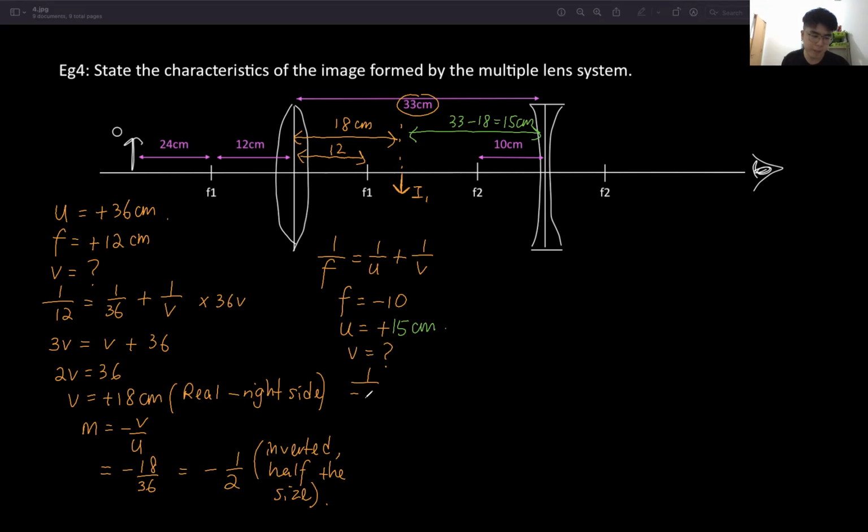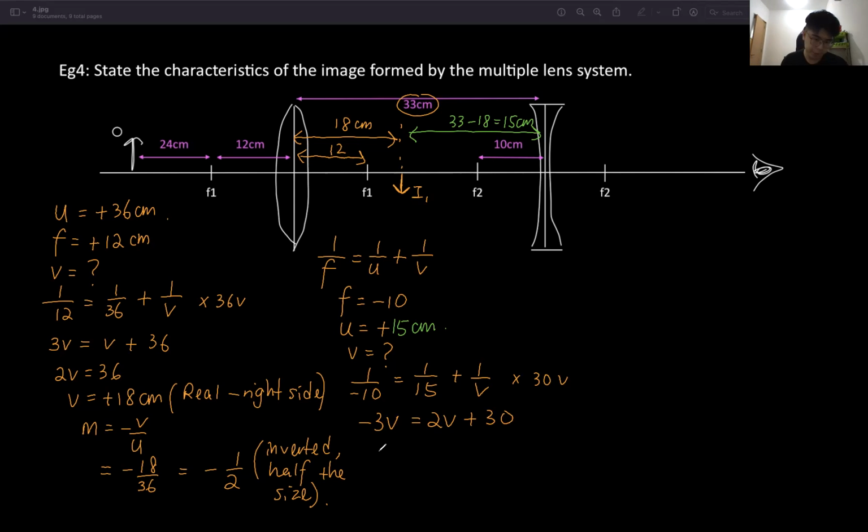Okay, 1 over minus 10 equals 1 over 15 plus 1 over v. Okay, so again, I multiply by 30v, negative 3v equals 2v plus 30, just to get rid of the denominator.